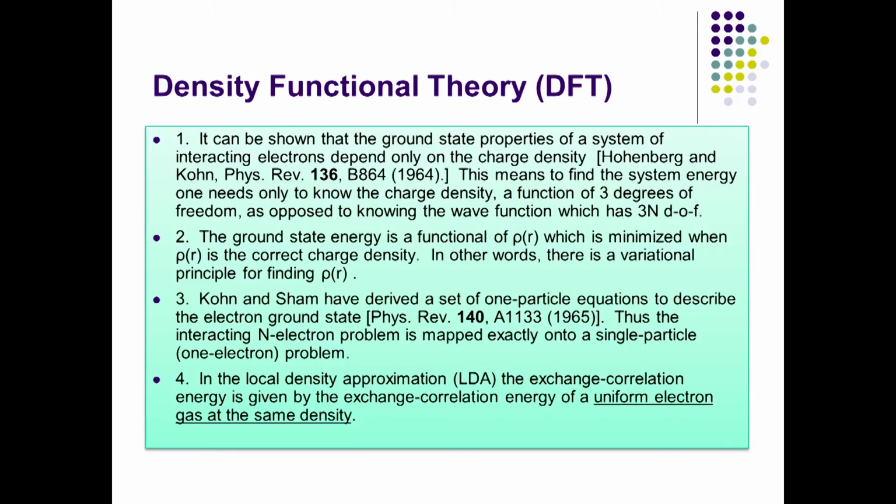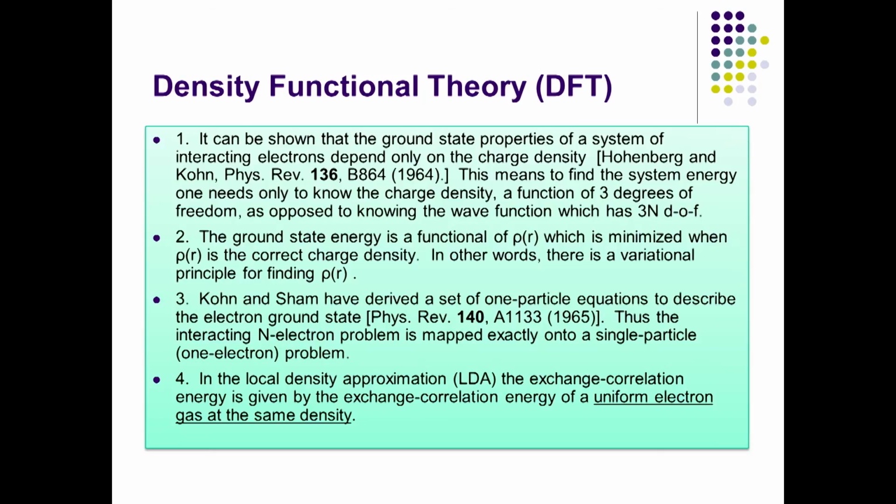Once we have the charge density, we use the Kohn and Sham paper of 1965, which says that you can convert that into a one particle equation to describe the electronic ground state. Thus, the interacting n electron problem is mapped exactly onto a single particle electron problem, and that is very important. Now you have a simplified problem while keeping most of the electronic understanding of the atomic structure.